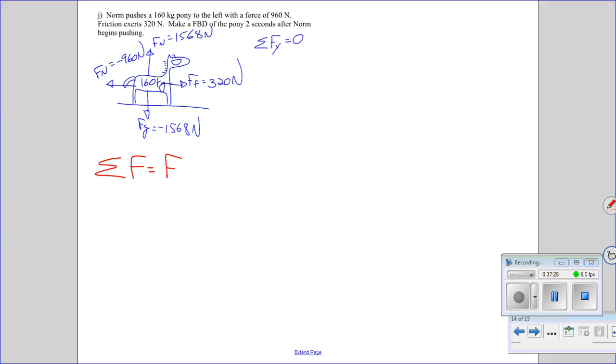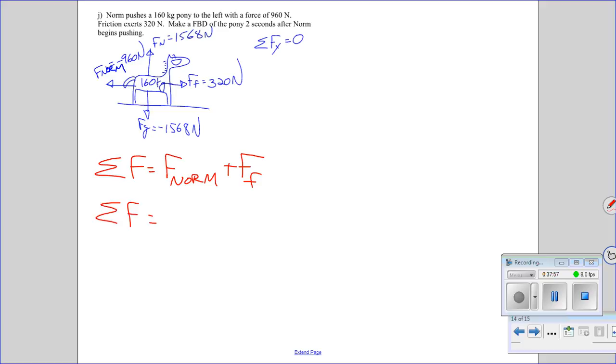There's 2 FNs. That's not okay. We got to make this Norm. Make sure you don't use the same name for 2 forces, please. I actually have a friend named Norm, and that was why I wrote this, and it didn't occur to me until just this minute that that was going to be a conflict.